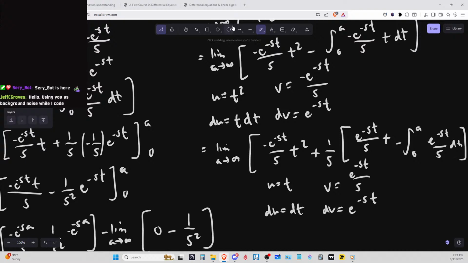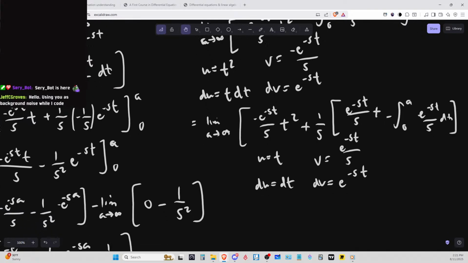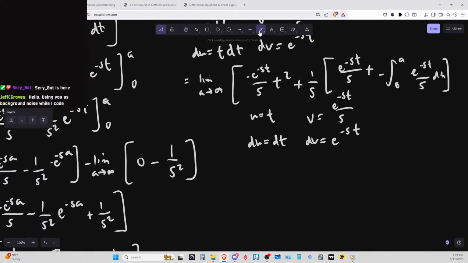Then we'll lower down here, so we'll just rewrite everything so it's not too squished, and then this.